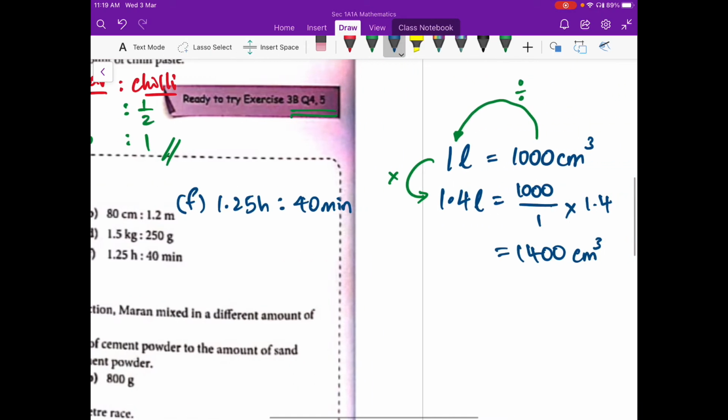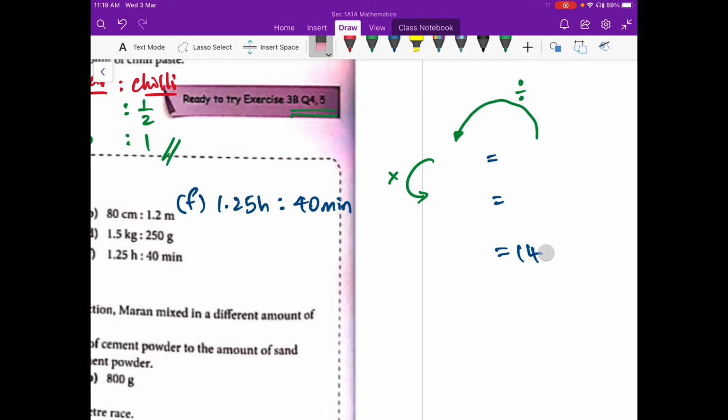This is 1.25 hours. I want to find out what is 1.25 hours in minutes. This is what I want to fill in the blank. So we start off with what we already know. Like earlier on, we said 1 liter equals 1000 cubic centimeters.